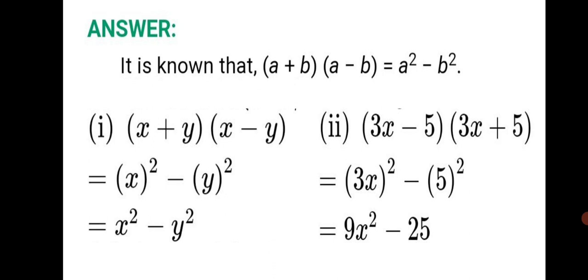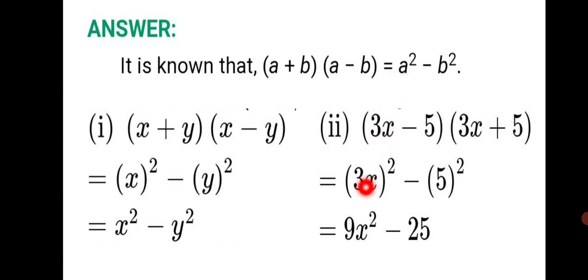So here the variable x has got coefficient 3 with it. When there is a coefficient, you have to square the coefficient and the variable both individually, because it is the square of the whole bracket. This 3x is our entire a term and we are squaring it according to the formula.